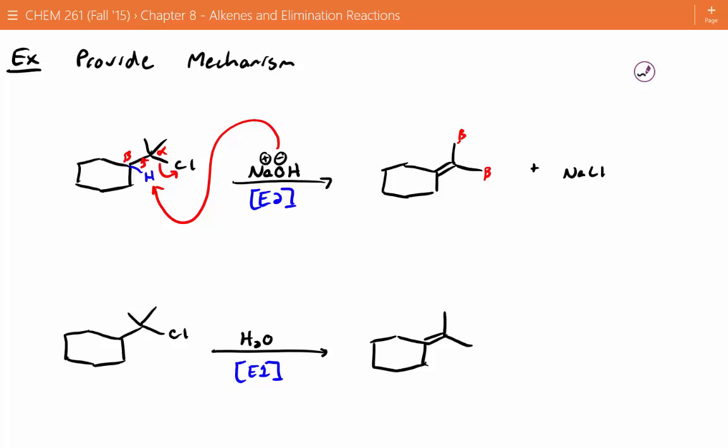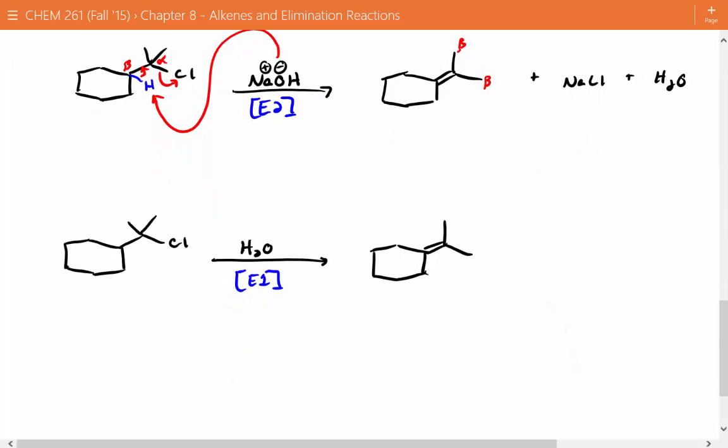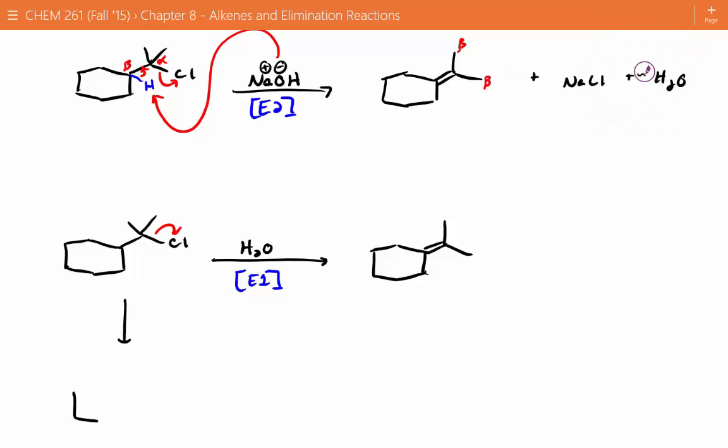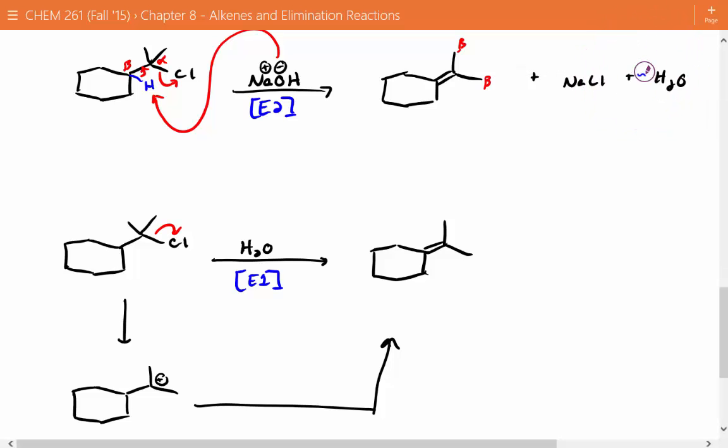sodium chloride plus water. If we think about the next one, we said it's an E1 mechanism. So the first step is going to be this chlorine falling off. We'll form our stable or relatively stable tertiary carbocation. And then same thing. We're going to grab this beta proton that's hanging off here.